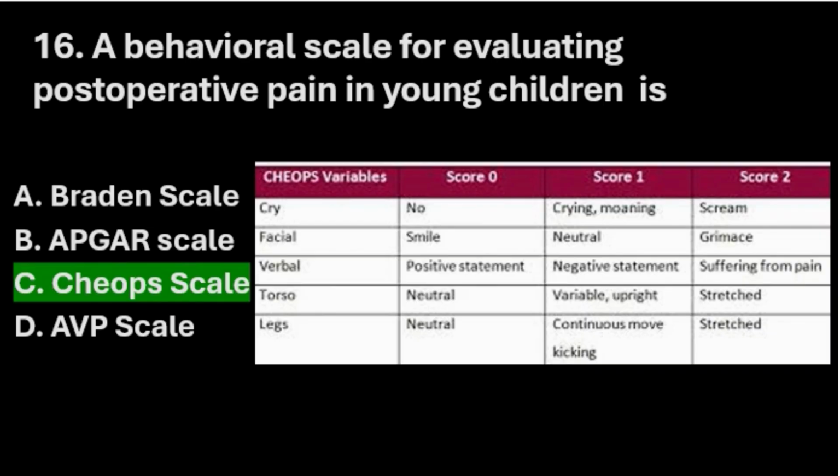In the CHEOPS scale, you can see the different variables: cry, facial, verbal, torso, legs, and score from 0 to 2. So this is the post-operative pain evaluation scale for young children. Braden scale, as you know, is for the bedsore. Apgar is for the newborn assessment. Then AVPU scale is for the level of consciousness assessment.